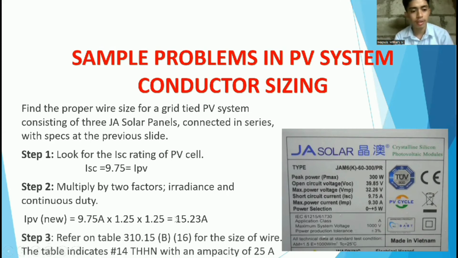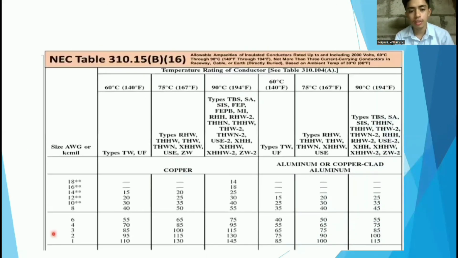Next step is refer to table 310.15 B16 for the size of wire. The table indicates number 14 with an ampacity of 25 amperes. Tingnan natin sa table. Sa table, gagamitin natin yung copper. Then, yung wire naman natin gagamitin is THHN/THWN-2. Then, pasok siya sa 90 degrees.